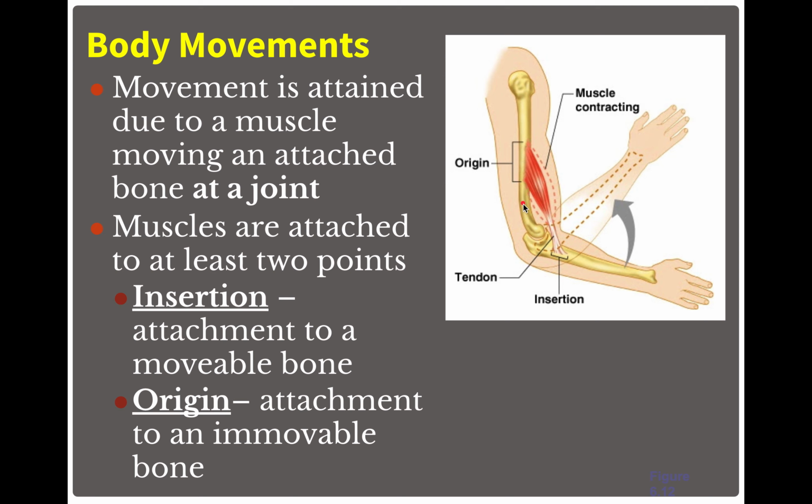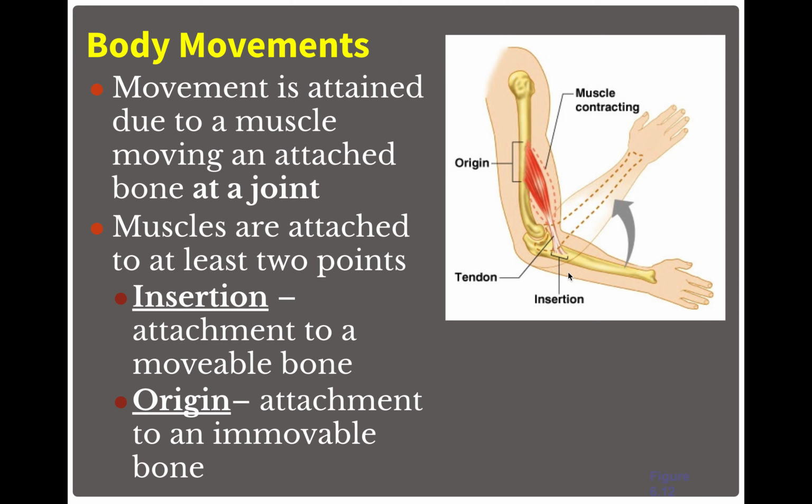And then the more stretchy part of the muscle, which is not really the muscle itself, it's the tendon, the connective tissue that's linking the muscle to the bone. That is the insertion point. So this is still attached by tendon, but you'll see over here that the type of tendon attaching the muscle to the bone is much longer and a little bit more flexible along the insertion point.